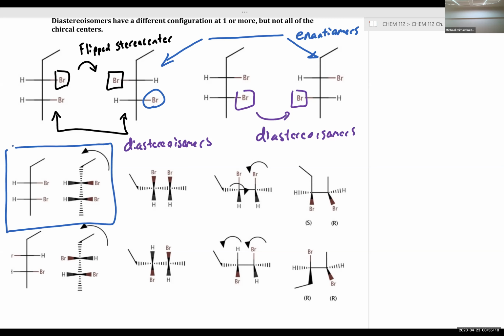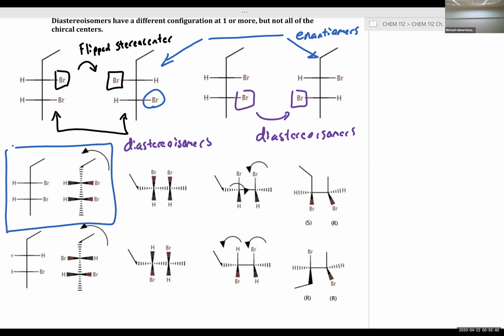I really want you to be able to visualize structures using your model kit. It's an invaluable tool, and most importantly, it's one of those things that once you practice enough with your model kit, you're going to be able to do this without a model kit, just staring at the molecule. And that's when I think this skill really begins to pay dividends.